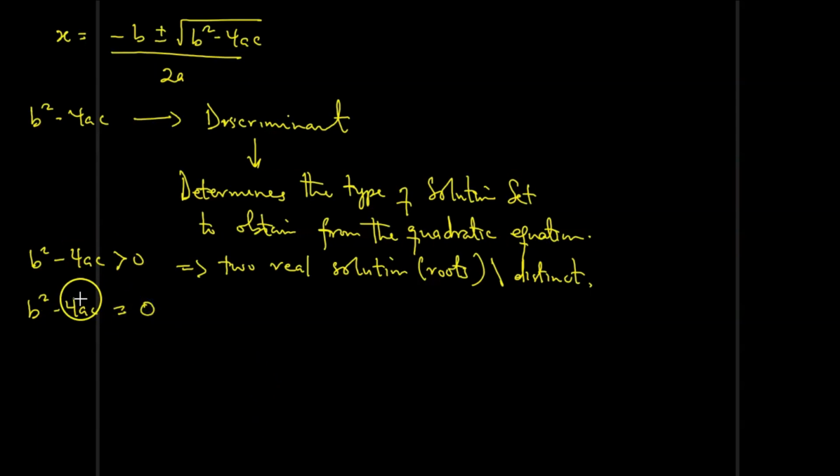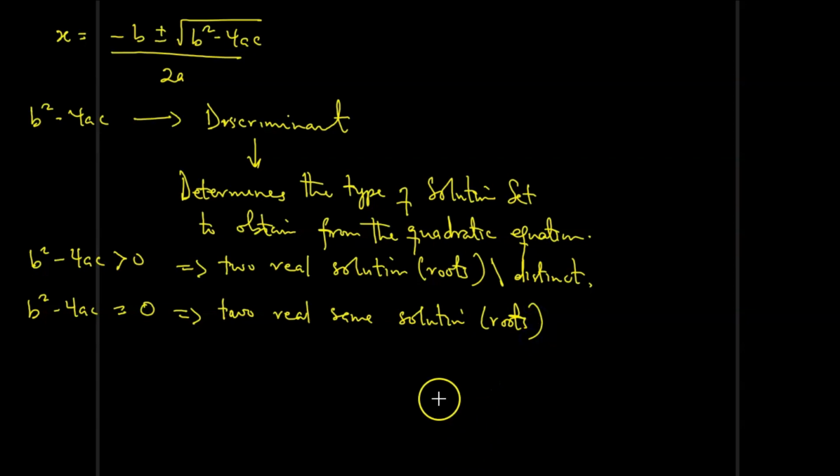So when the discriminant is equal to 0, then we say that you are going to obtain two real same solutions, or roots. Meaning you are going to obtain the same answer. If they are negative numbers, they are going to be the same negative numbers. If they are positive numbers, they are going to be the same positive numbers.